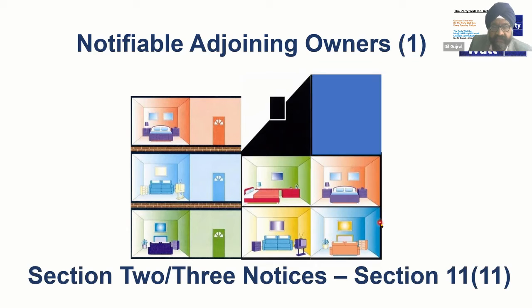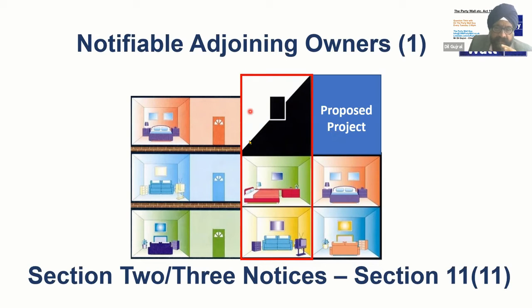So let's assume this is the airspace we bought. This is our proposed project, and we're going to build a flat here. Now, because there's nothing next to us in the roof space, this is the adjoining owner of the building next door. Now, it could be that you've got a freeholder. These could be flats or a house.